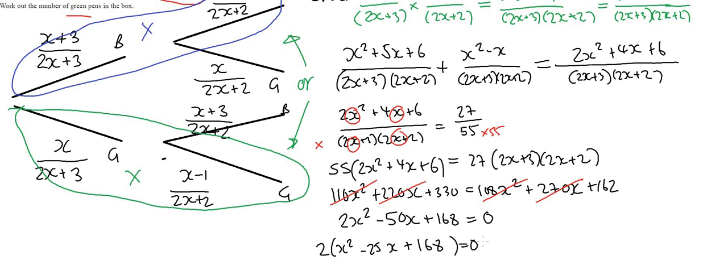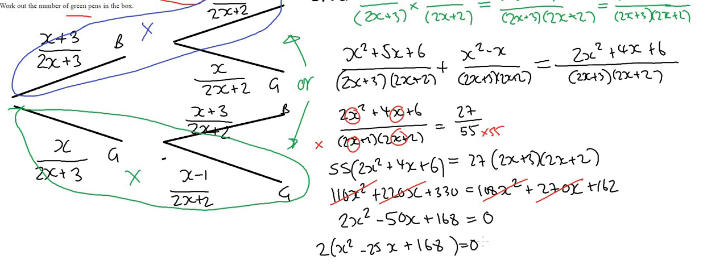Okay, so now I've got a quadratic to solve. Now all I have to do is find two numbers, or if you have invested in the super duper calculator, that will do it for you.